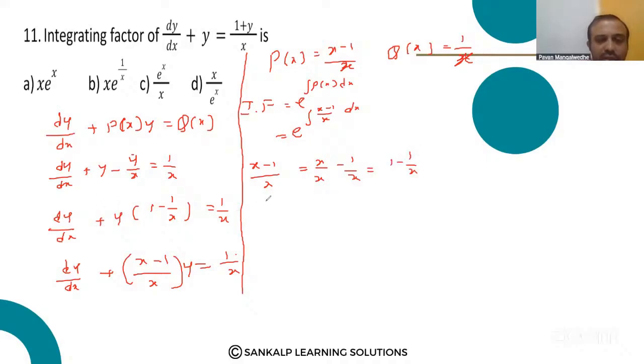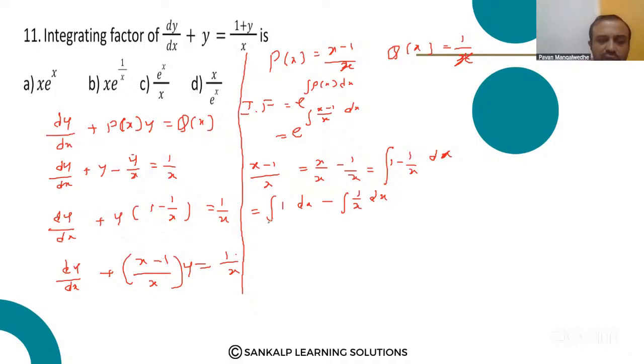Integrating this with respect to x, integral of 1 minus 1 by x dx is split into 1 into dx minus 1 by x into dx.